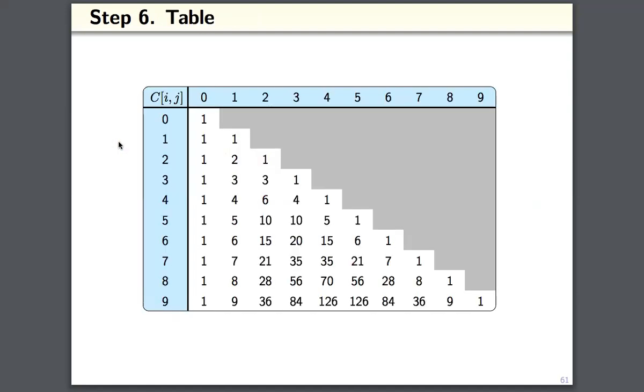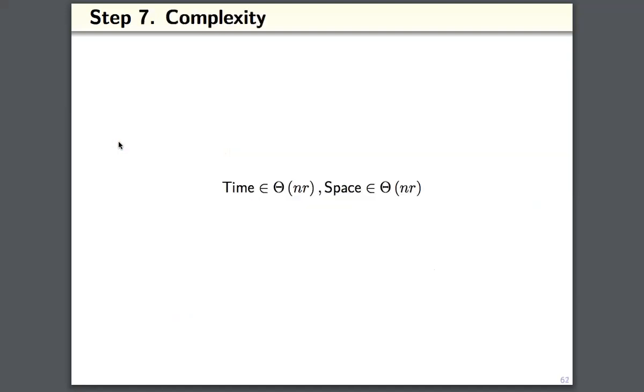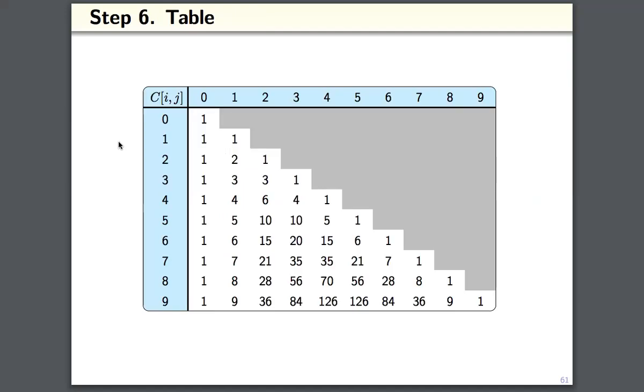Next, what is the complexity? N times R, right? Because you need to scan n rows and r columns. Next. So this is your Pascal's triangle. See, this is 0C0, 1C0, 1C1. So all these will be ones because they will be iC0.